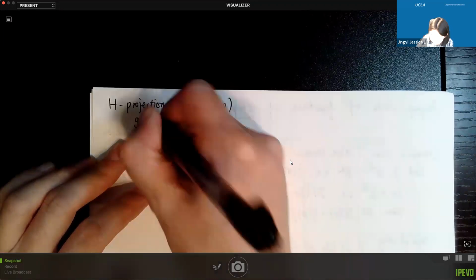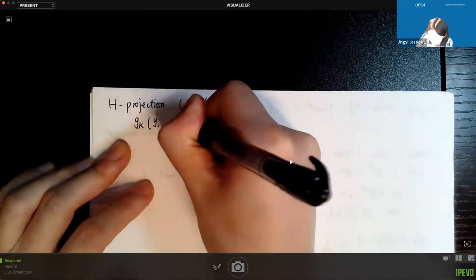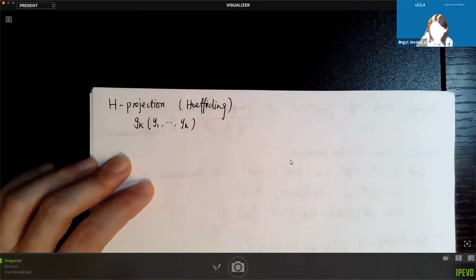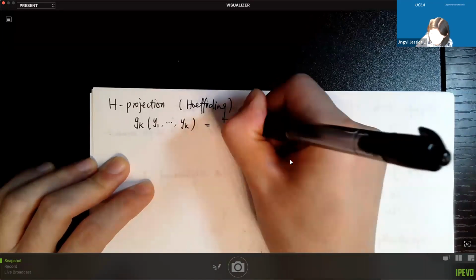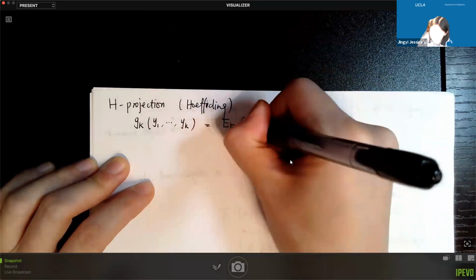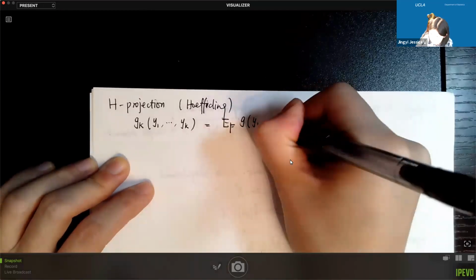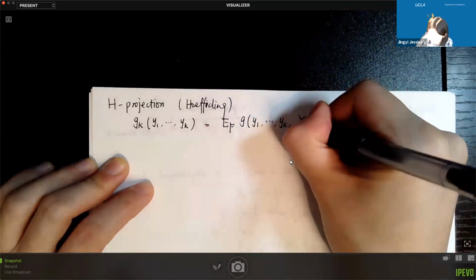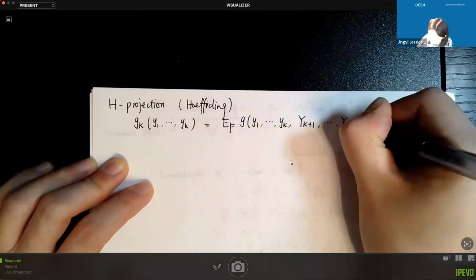To be exact, g_k is defined for k arguments. Let's just take it as the first k arguments since g is symmetric. It is defined as the expectation of g with the first k arguments fixed at y1 to yk, and only the remaining ones, yk plus 1 to ym, random.